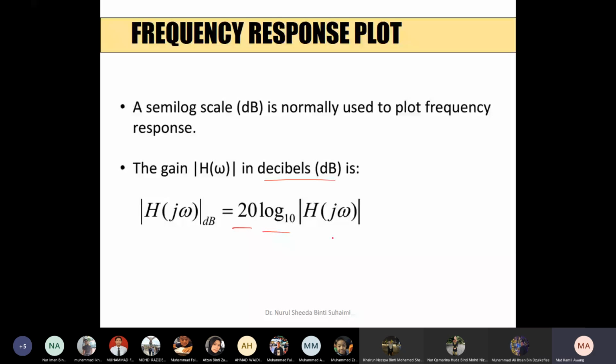If you want to indicate in dB, this is how you calculate: 20 log 10 of the amplitude |H(j omega)|, so it will be in dB. So remember this formula, 20 log 10, when you want to convert from a real number, from unit into dB.